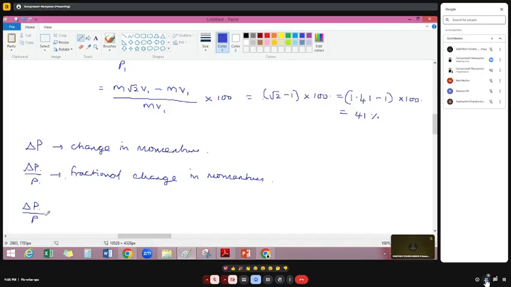Delta P by P into 100: again, I'm telling you, there are so many variants, so they will confuse you with these variants. So this is percentage change in momentum.